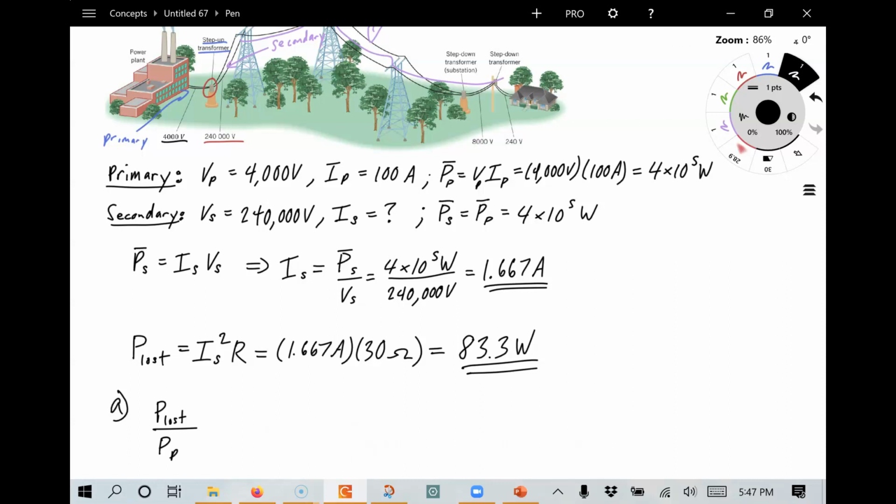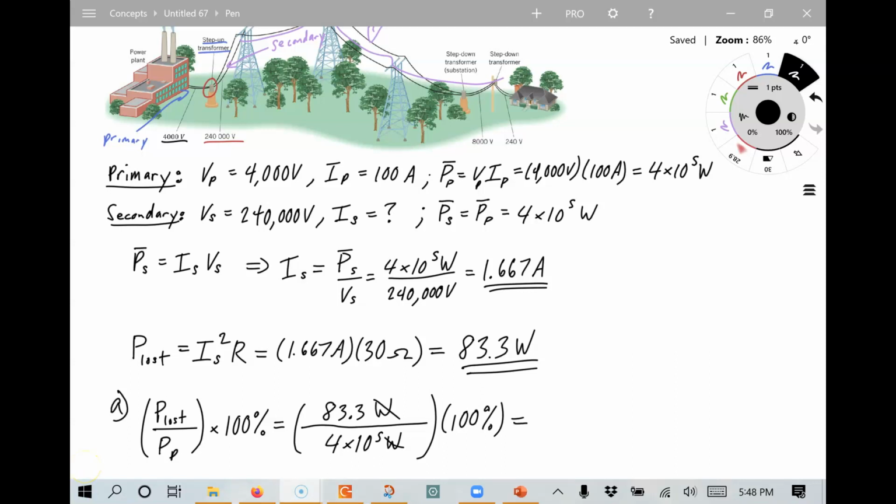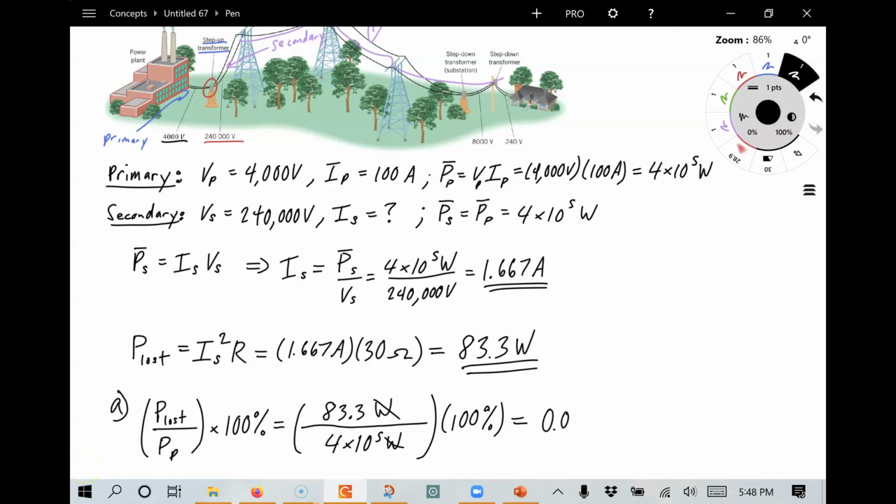So I'll write primary, multiplied by 100%, which comes out to 83.3 watts divided by 4 times 10 to the 5th watts. Of course, the watts will cancel here. Multiplied by 100%, and that comes out to 0.020%. So it's a very small amount of power that's lost in transmission.